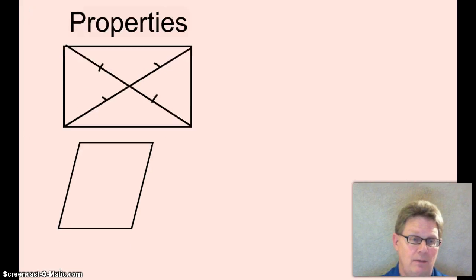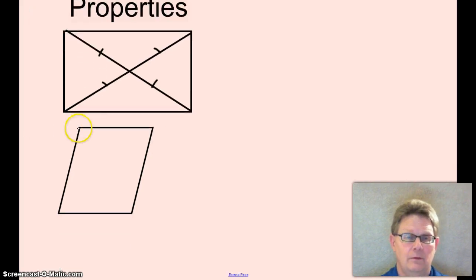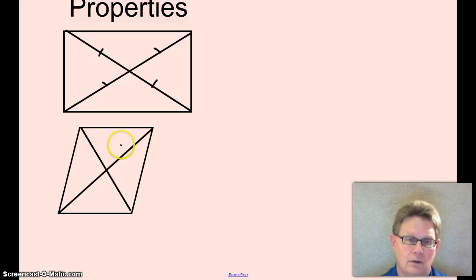Now on a rhombus, when you draw the diagonals, those diagonals are going to be perpendicular.